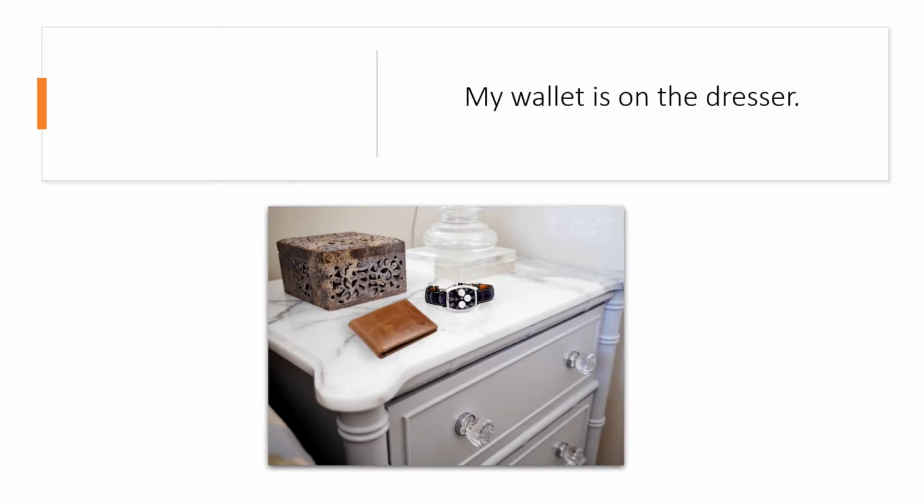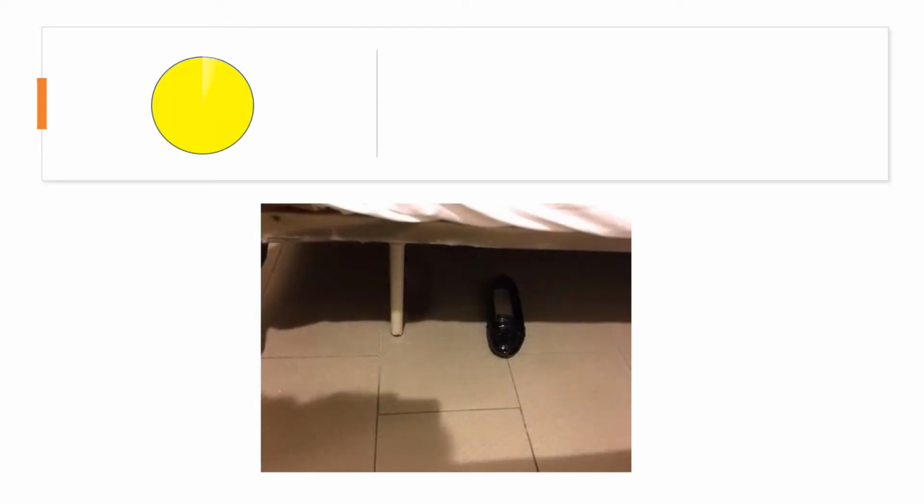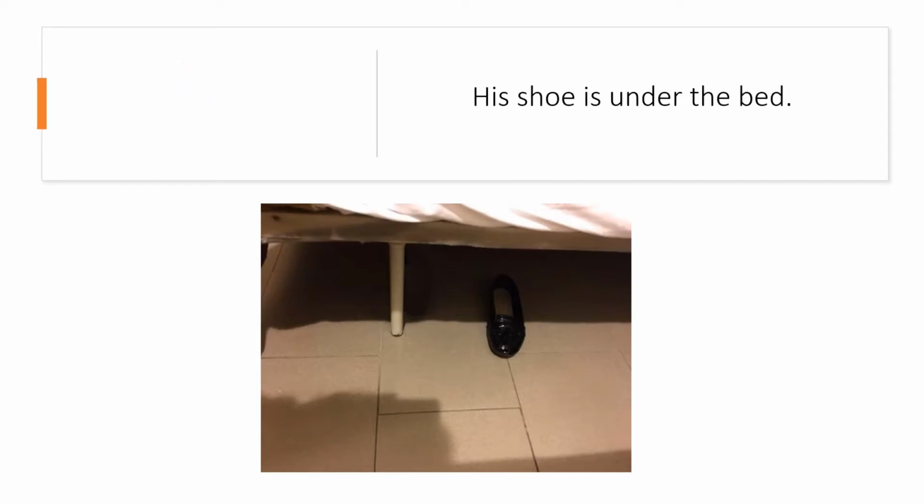My wallet is on the dresser. Where is his shoe? His shoe is under the bed.